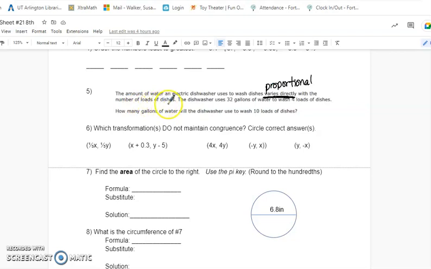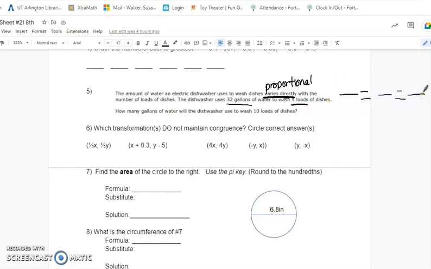With the number of loads of dishes, the dishwasher uses 32 gallons of water to wash 4 loads of dishes. How many gallons of water will the dishwasher use to wash 10 loads of dishes? Normally we divide to find a constant of proportionality, which relates to proportional. But what I would do is a proportion.